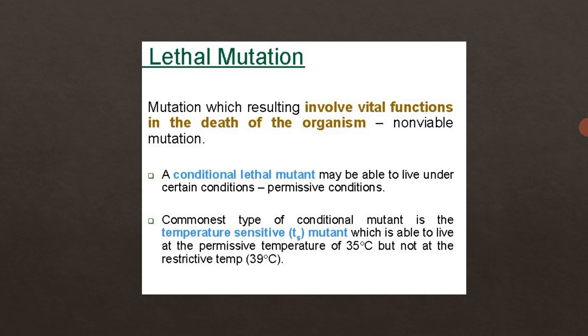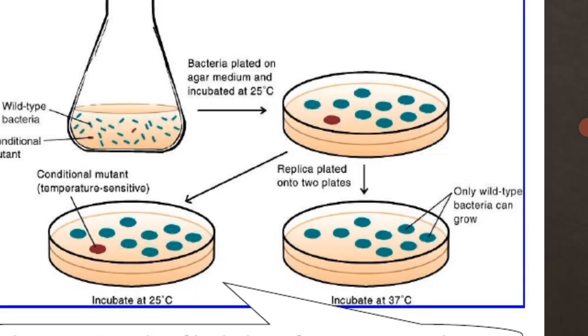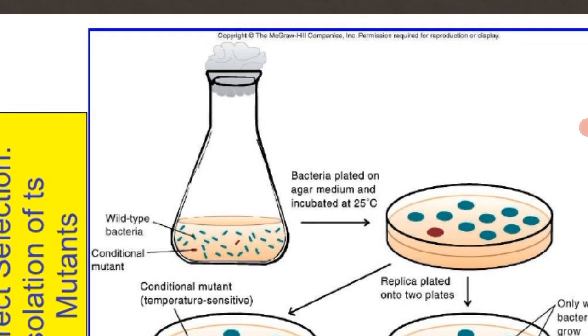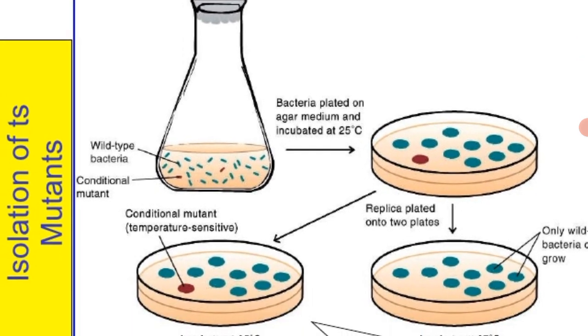And then a conditional lethal mutant is a cell that may be able to live under particular, permissive conditions. For example, we will see in the next slide. Here we can relate very well. Here you can see the wild type bacteria in the conical flask, and then we have the conditional mutant also. Now we have inoculated this culture onto an agar, and we have incubated it at 25 degrees Celsius.